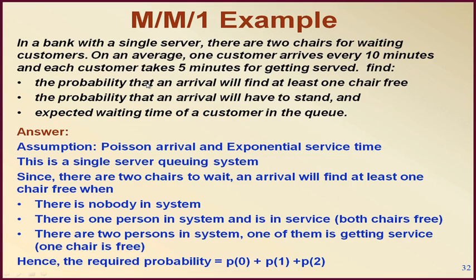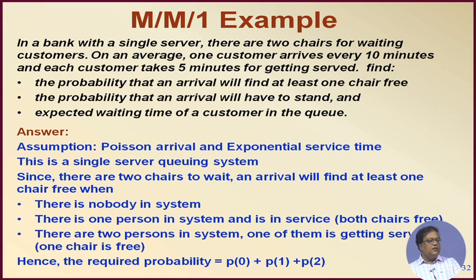Let us look at another example. In this example, it is given that in a bank with a single server, there are 2 chairs for waiting customers. On an average, one customer arrives every 10 minutes and each customer takes 5 minutes to be served, right.